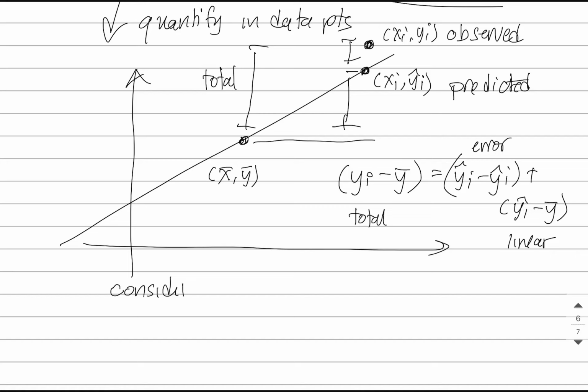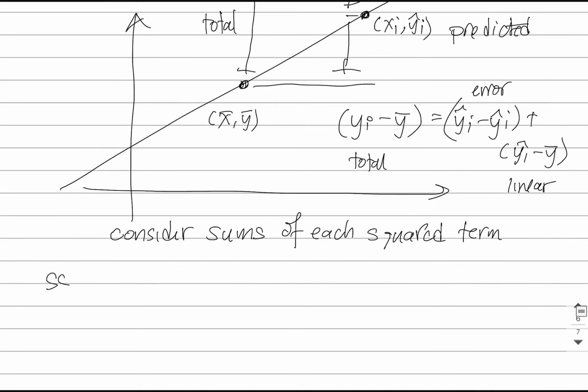For a lot of different reasons that we're not going to get into, we're going to talk about the sums of each squared term here. So we're going to say that SST is the sum of the square of the total variation, which you could think of as the sum of yi minus y bar, all squared.